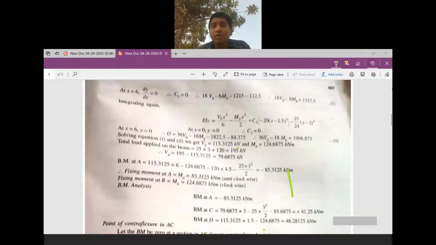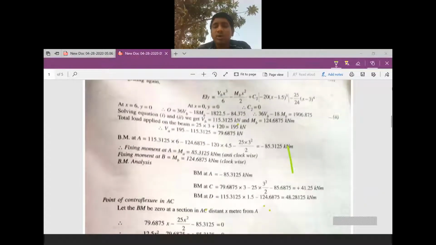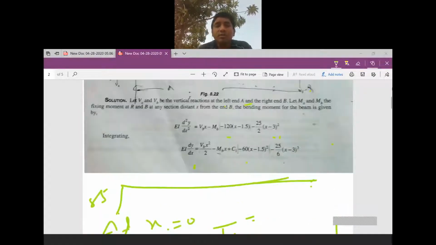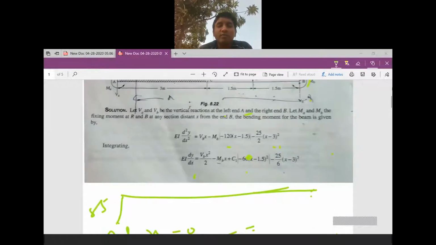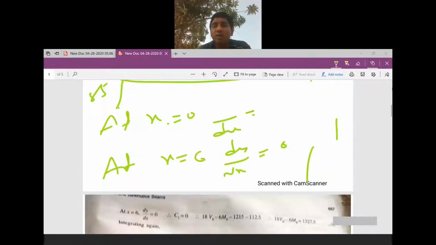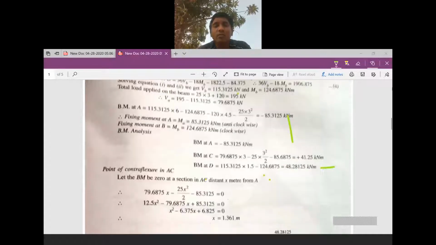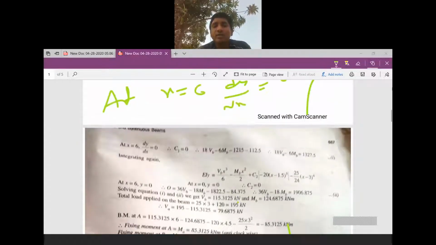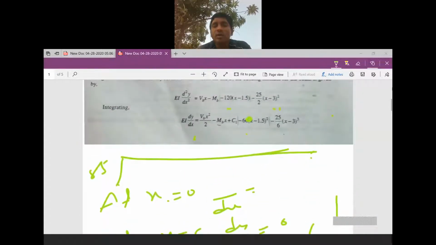Next, the moment about D is 48.28. Then the moment about B is also a negative value, 124.687.